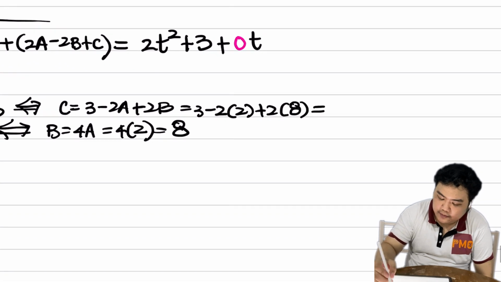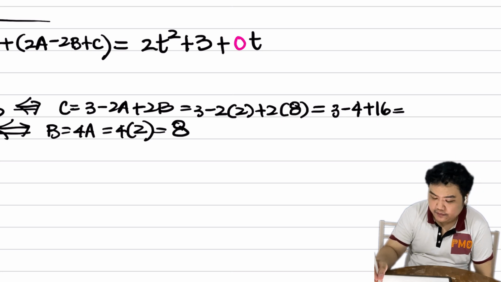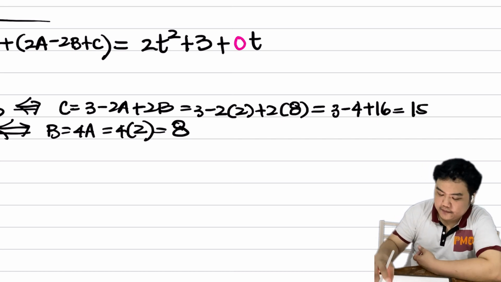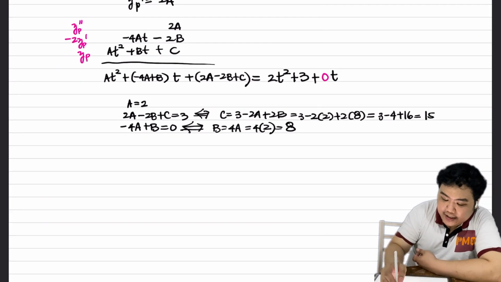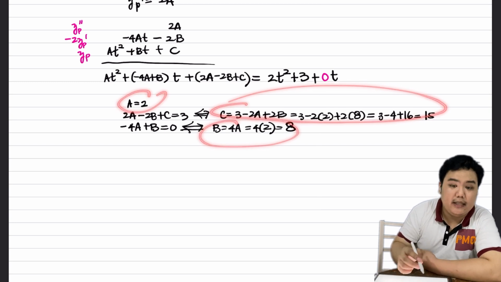Or ano ito? 3 minus 4 plus 16. So, 19 minus 4. Ilan yun? Is it 15? Right. Ayan. So, meron na tayong values ni A, ni B, at ni C.